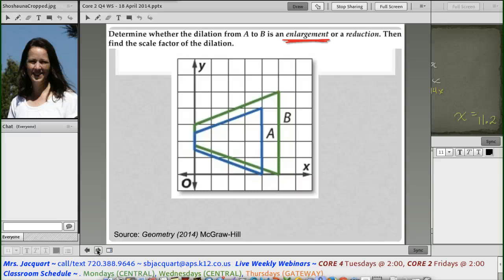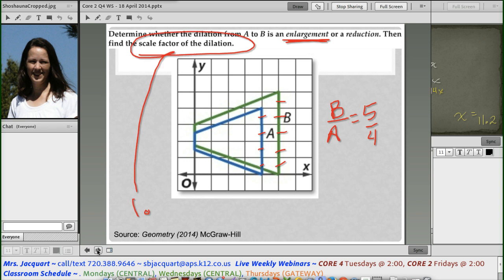Okay, and then we're going to take B over A. So B is 1, 2, 3, 4, 5, and A is 1, 2, 3, 4, 5 over 4. So its scale factor, the dilation, is 1.25. Just crunched it in a calculator. Actually, in my head.